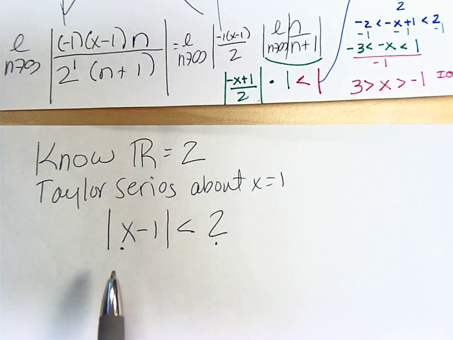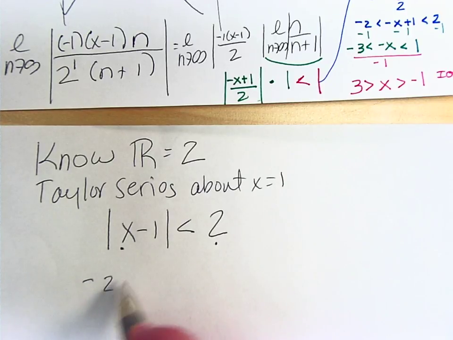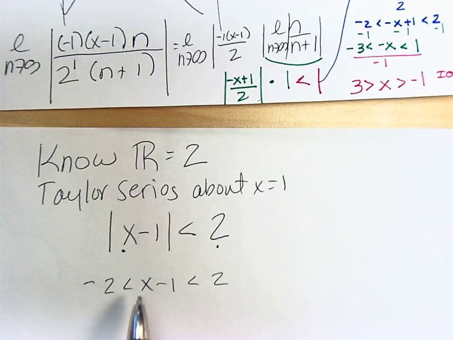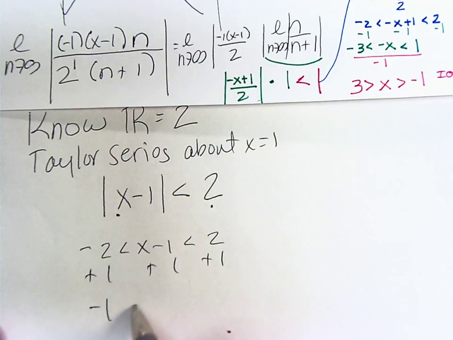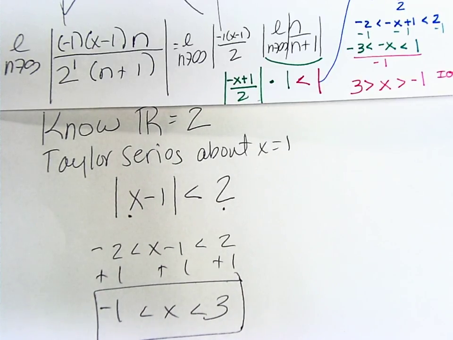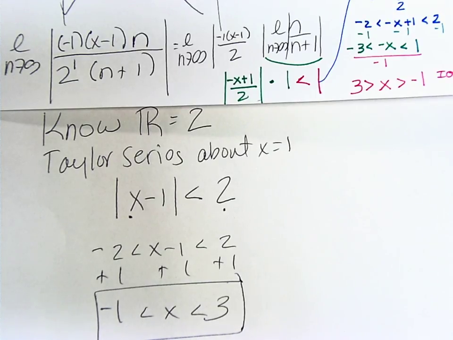And I can go ahead and just solve this. So this becomes minus 2 less than x minus 1 is less than 2. Get x by itself, add 1, add 1, add 1. Minus 1 is less than x is less than 3. So that is a shorter way to find it. But you can only do this if you know the radius of convergence.